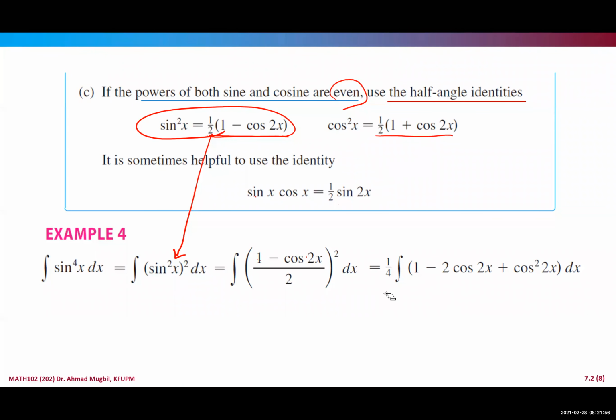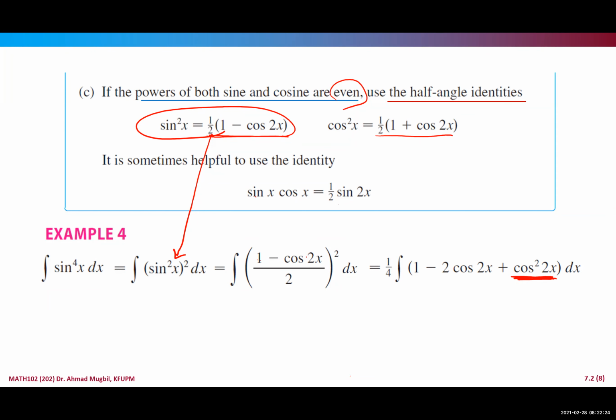Now it is a very easy integral, Shabab. What is the integral of 1? It is x. Okay, this is a good question, but before that, let me simplify this because I still have cosine squared here. How to integrate this? Any idea? Sine squared 2x?